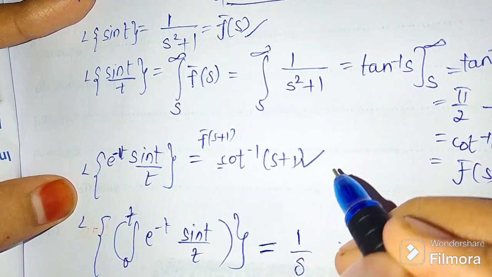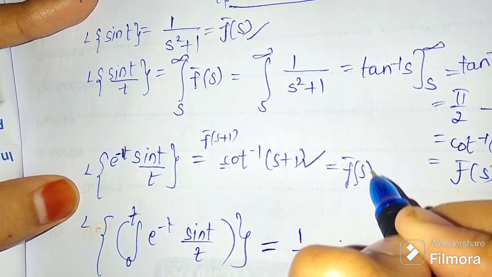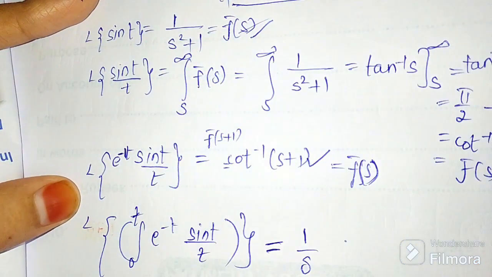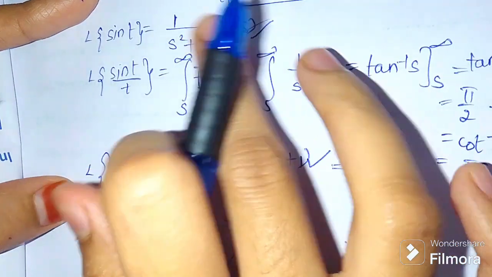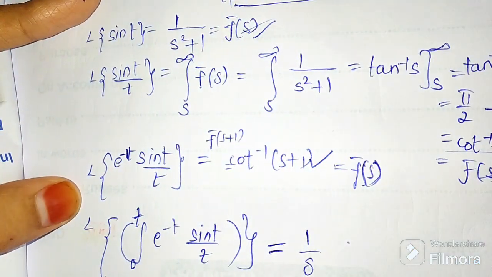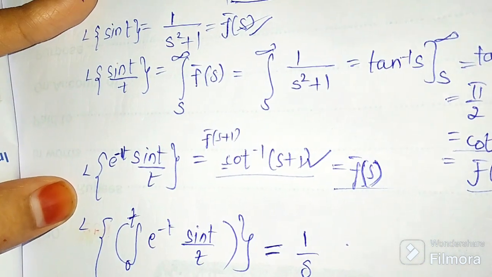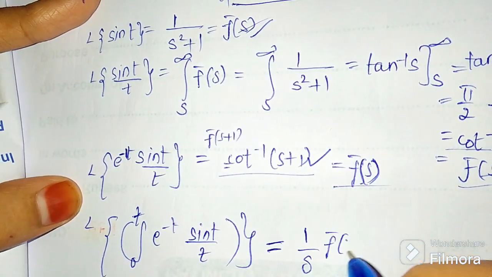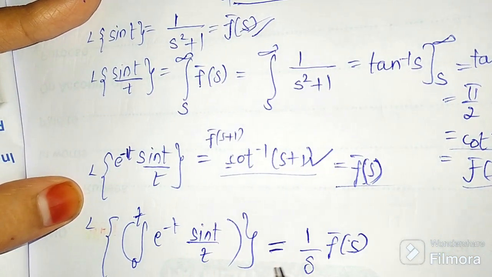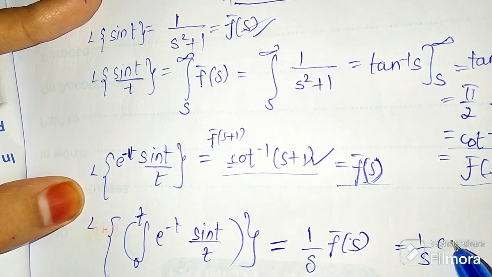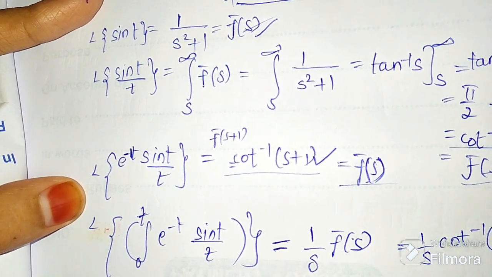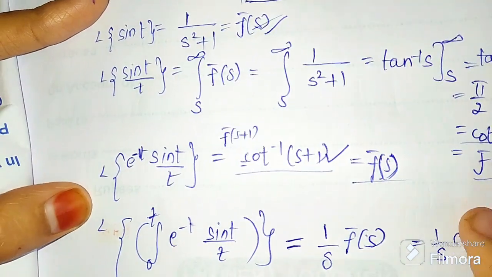What is your f bar of s? This one. See, f bar of s keeps changing. This is my final output f bar of s. So 1 by s f bar of s is nothing but 1 by s cot inverse of s plus 1.